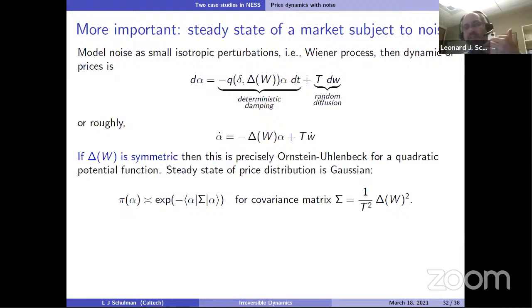The alphas are like the logarithms of the prices. The time evolution, if you just look at the first term, there's what looks like a gradient term that's driving you toward the steady state, except it's not a gradient term. That is the non-symmetric Laplacian of this market.